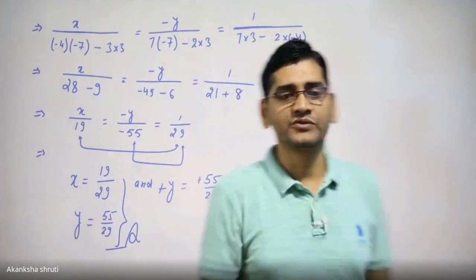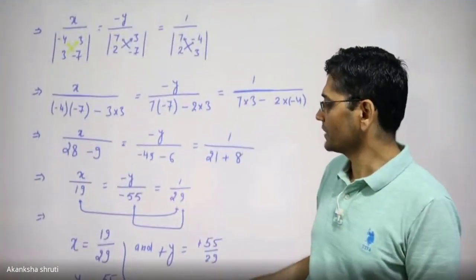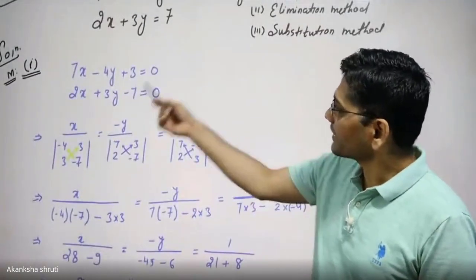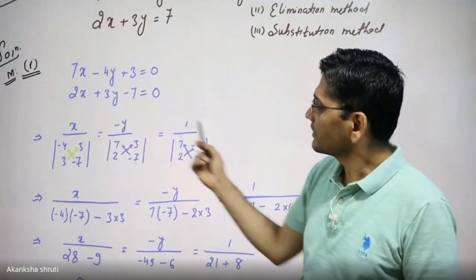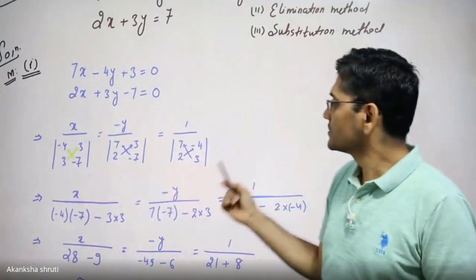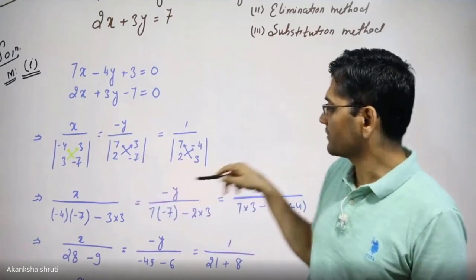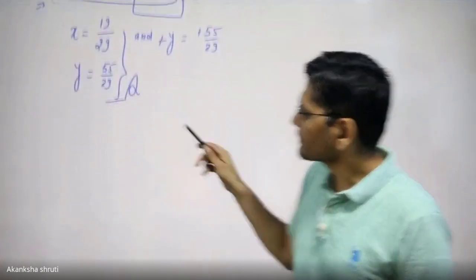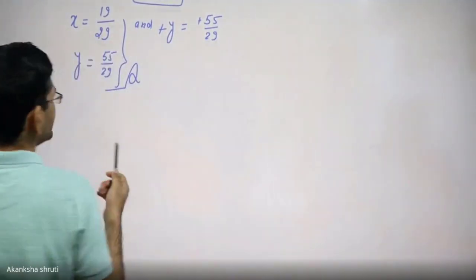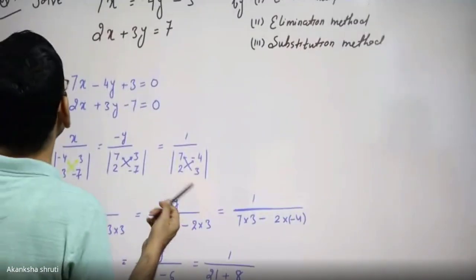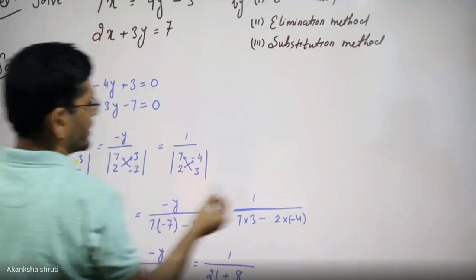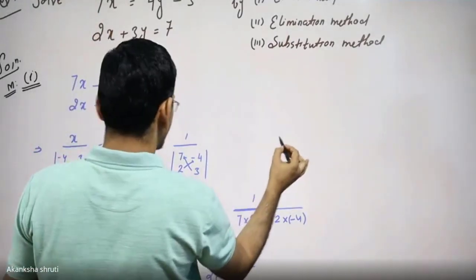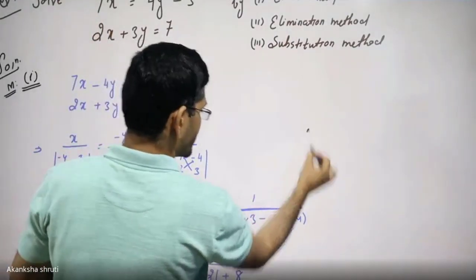What we have observed is a very simple thing. Just by writing in array form or determinant form, the values of x and y can be determined very easily. Students, even in short form, this may be written in compact form, or in our book or some of the books, it may simply be written like this.